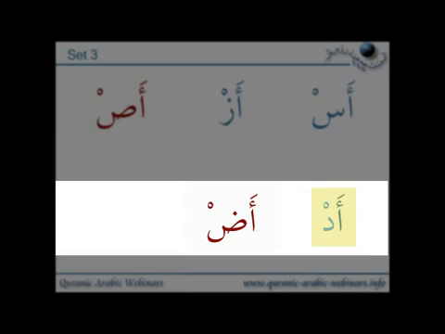And then we have the dad, which is not qalqala, but it is tafkhim.